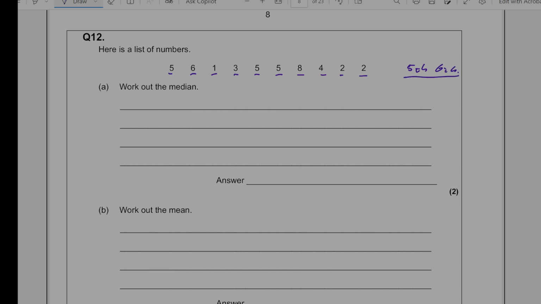I'm not going to list them all, I'm just going to go up to my 6th value going in size order. So 1 is my smallest. Then I've got two 2s. Then I've got one 3. Then I've got one 4, and that's my 5th value. So I need one more. My median is going to be halfway in between those two. So 4 plus 5 divided by 2 is going to give me 4.5.